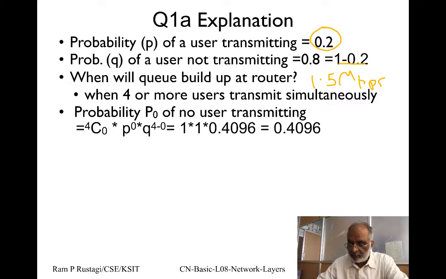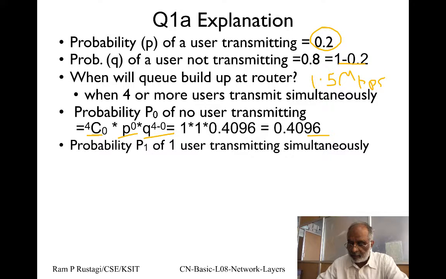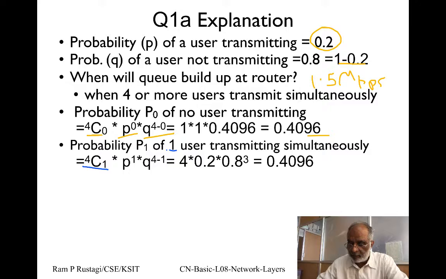So when no user transmits, it is given by 4C0, P^0, and Q, which is 0.8, raised to 4 minus 0, and this comes to 0.4096. Similarly, the probability of only 1 user transmitting is given by 4C1, P raised to power 1, Q raised to power 4 minus 1, which comes to again 0.4096.